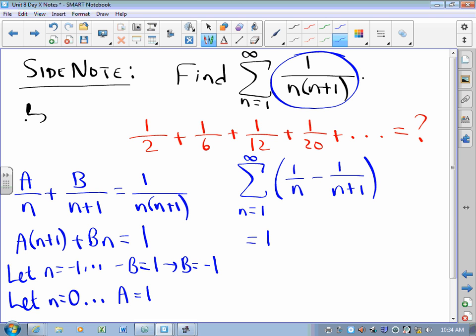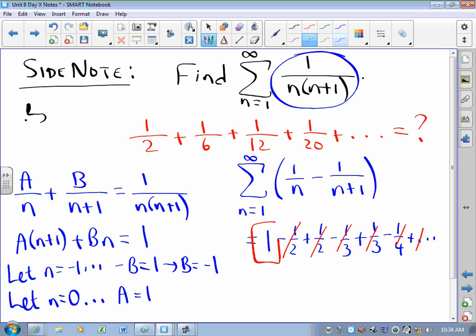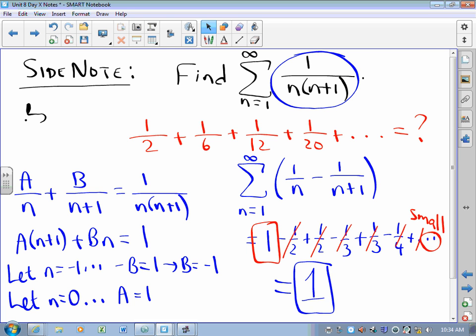If n is 1, we get that. If n is 2, we get that. If n is 3, oh. So everybody drops out through here. This guy sticks around, and these get small. And so our sum turns out to be exactly 1.